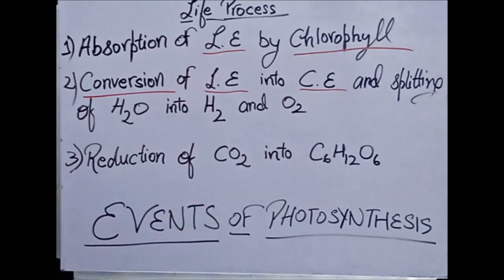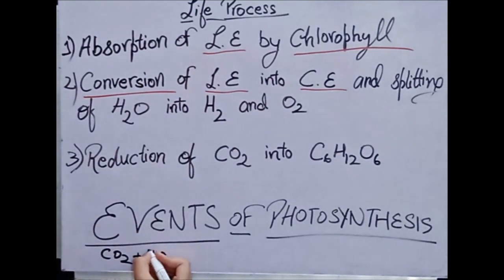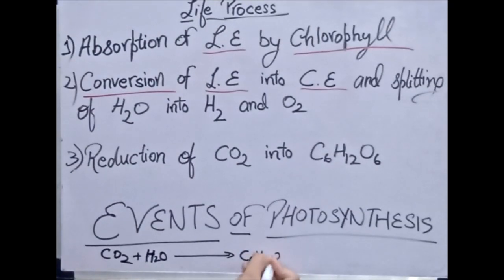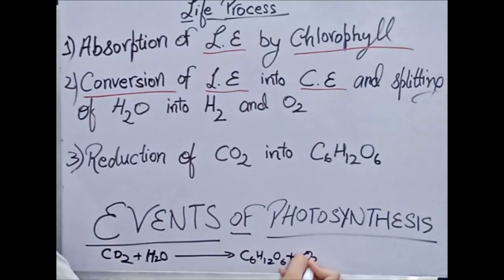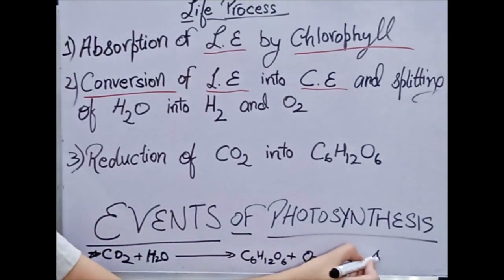When we wrote that formula, it goes like CO2 plus H2O, with 6 of each, let me not balance it right now. You can write: sunlight and chlorophyll give you C6H12O6 plus O2 plus H2O. So this formula is basically photosynthesis.